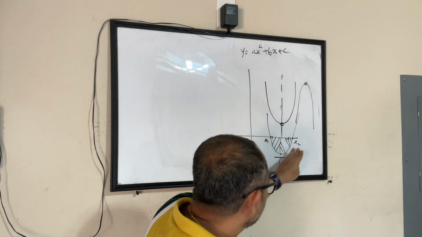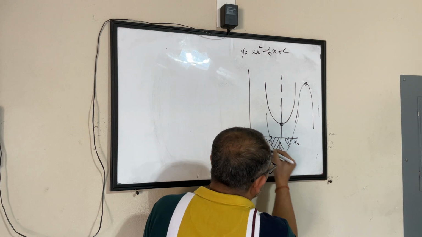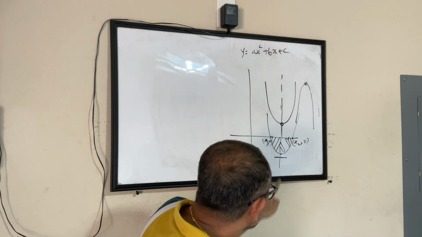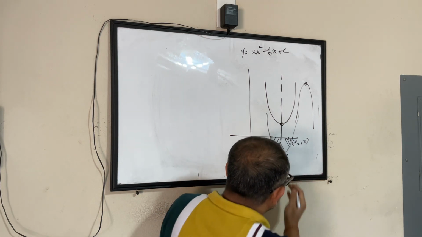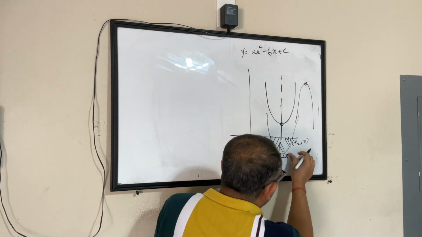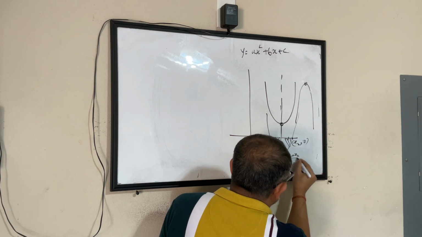This is where the parabola is intersecting the x-axis. Obviously, the coordinates of these will be (x1, 0) and (x2, 0), because it's anyway the x-axis. So here, if you look at this part, just going by the symmetry, what you can see is the x coordinate value of this point will be nothing but the average of these.